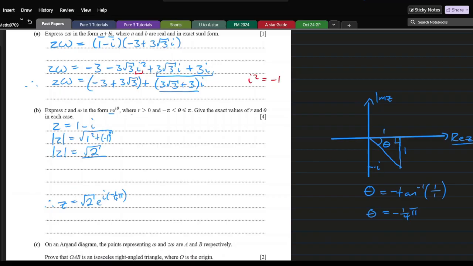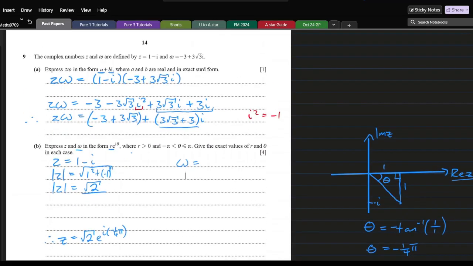And we're going to do the same for omega. We know that our omega is equal to negative 3 plus 3 root 3i. So let's start by finding its modulus. So that is the square root of negative 3 squared plus 3 root 3 squared.